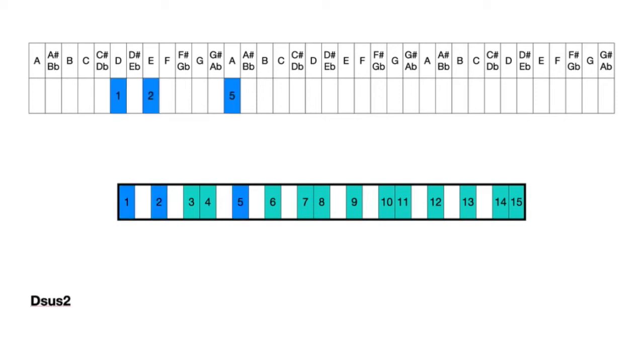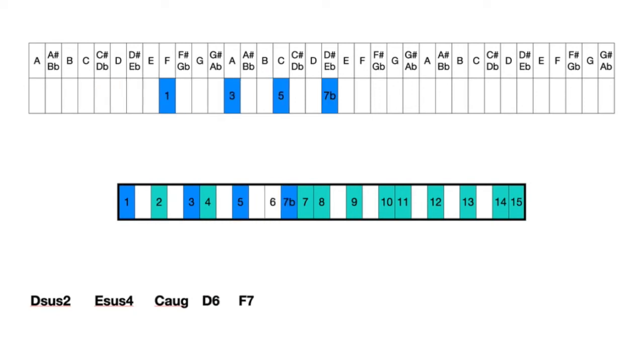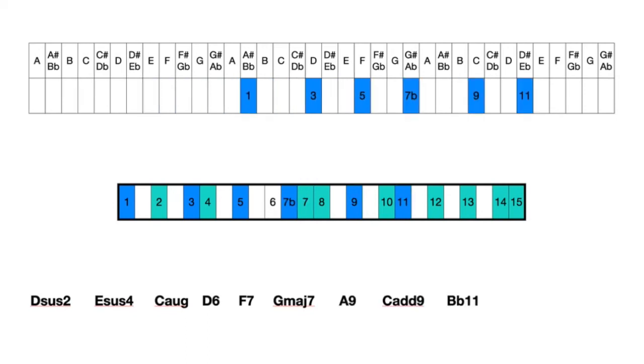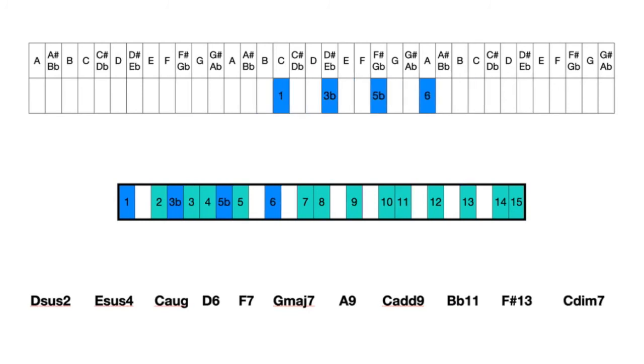So whenever you see a sus2, a sus4, an augmented chord with the 5th, a 6th, a 7th, a major 7th, a 9th, an add 9th, 11th, 13th, or diminished 7th, or any other numbered combinations, hopefully it might not be so confusing and you might actually even be able to work them out.